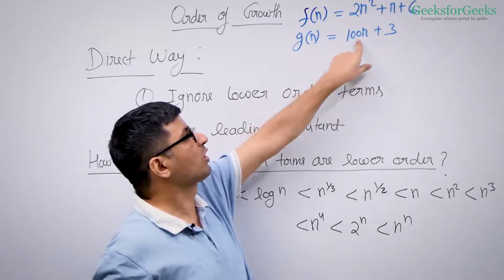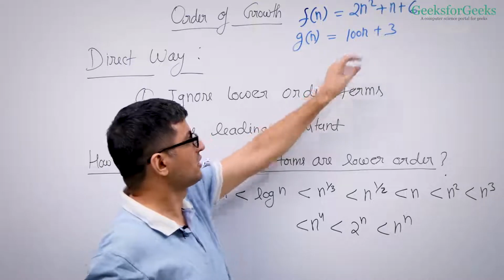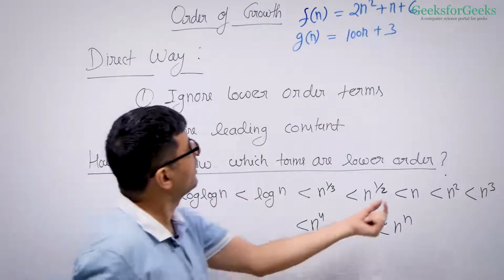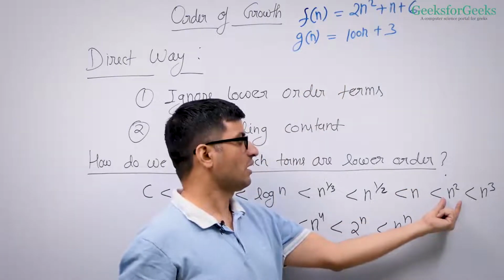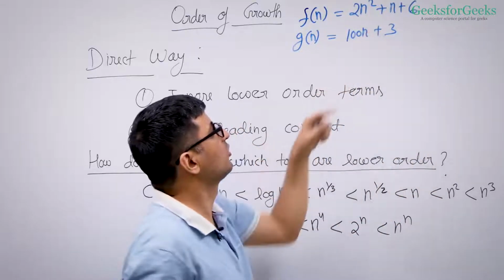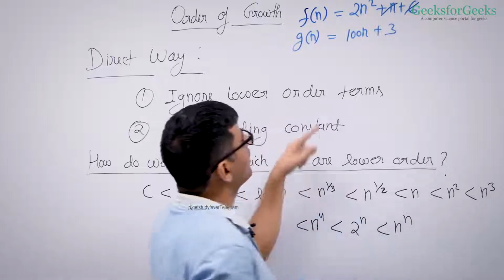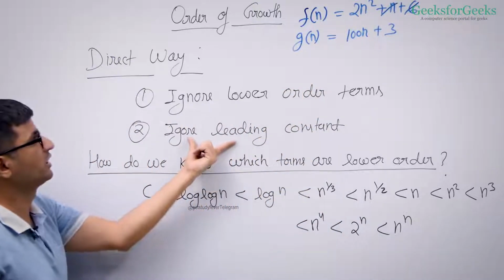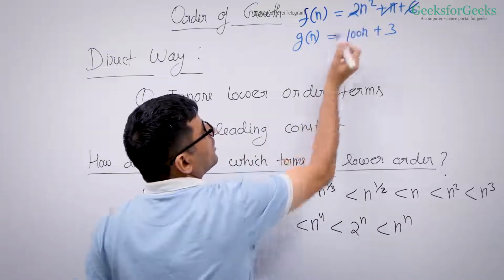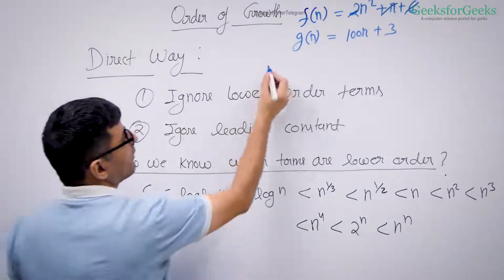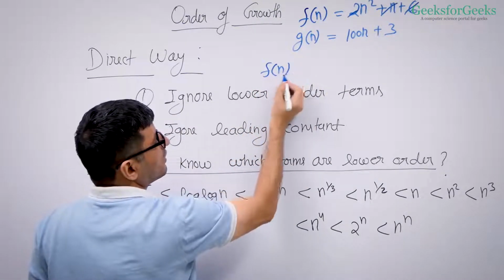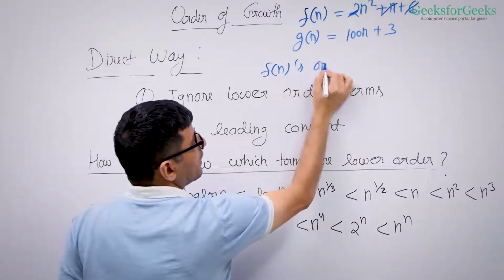You ignore the lower order terms of both the functions. So from here, n square is the higher order term. So you can ignore n here, right? You can ignore 6 here. And you can ignore the leading constant. You can ignore this constant too. So you say that Fn's order of growth is n square.